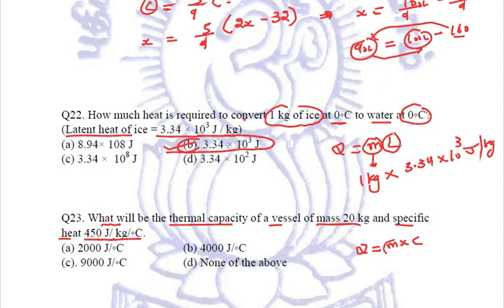Mass given in the question is 20 kilogram and specific heat is 450 joule per kg per degree Celsius. Simply multiplying 20 and 450, we get 9000 joule per degree Celsius. Right? Because joule per degree Celsius is the SI unit of thermal capacity. Got it? So C will be the correct answer.